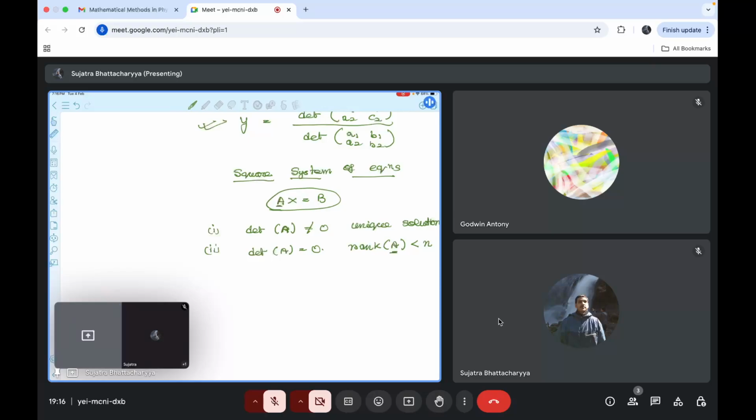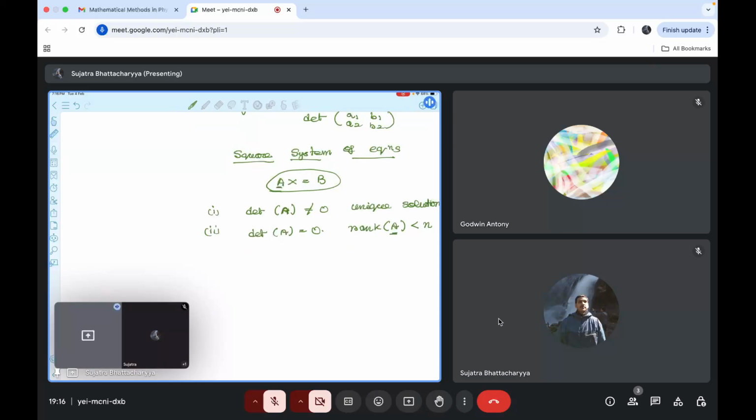Okay. Then there are certain conditions: if the rank of this matrix A is less than the rank of the augmented matrix, I'm writing now AUG, then it's inconsistent. That is, no solution exists.